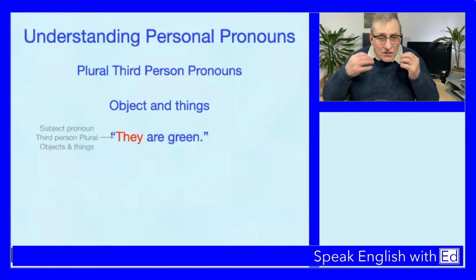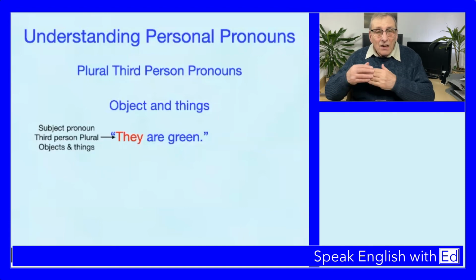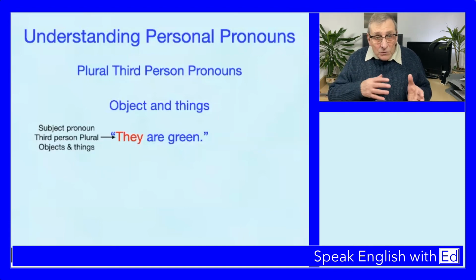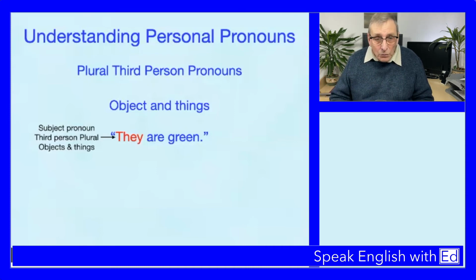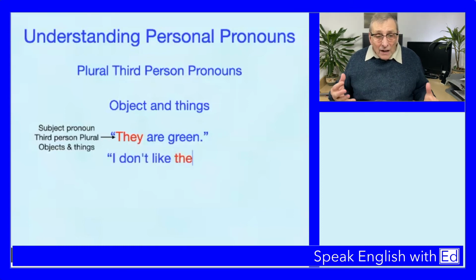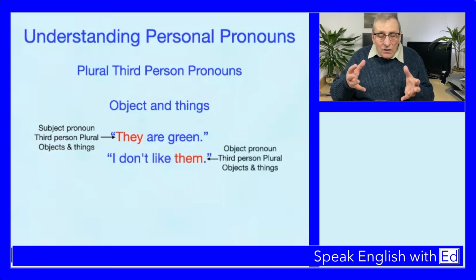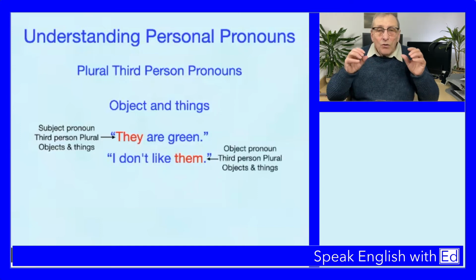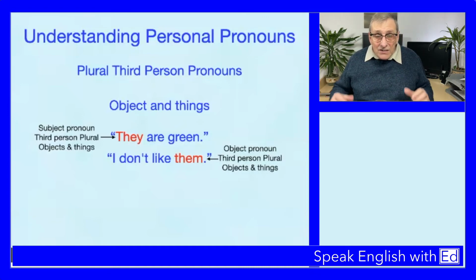And this is the subject pronoun, third person, plural objects and things. It's in an object position, and it's an object or thing, whatever you want to call it. And you could say, I don't like them. So you're still using they and them in both object and subject positions of the sentence. It's still they and them that you're using. And that's the last one.